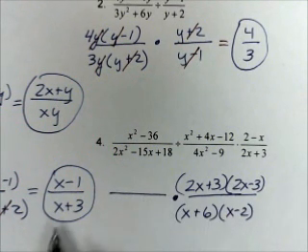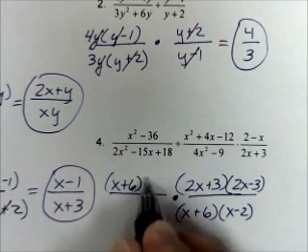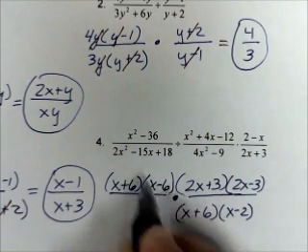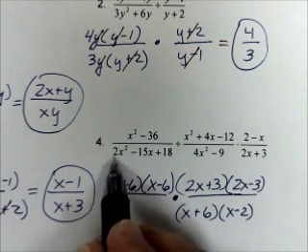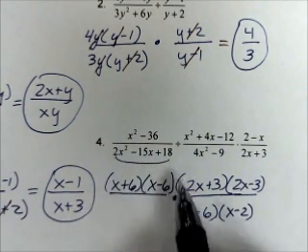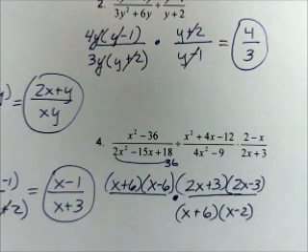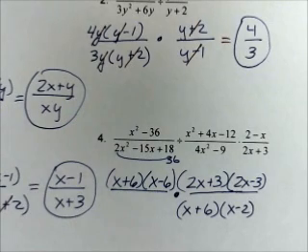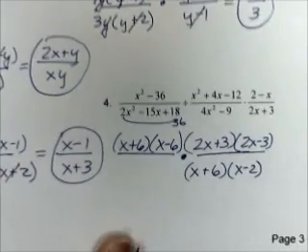My first fraction, I'm factoring the numerator, difference of two perfect squares, x plus 6 times x minus 6. And the denominator, got some work to do here because the lead coefficient is 2, it's not 1. So we get 36, and I'm looking for factors of 36 that add to -15: -12 and -3.